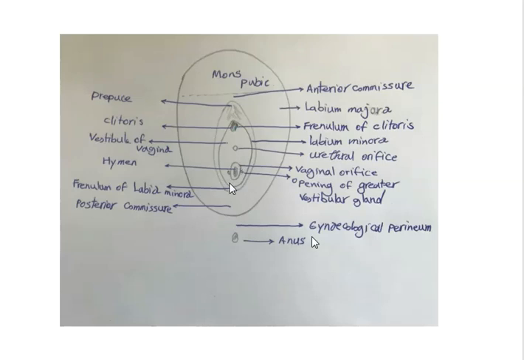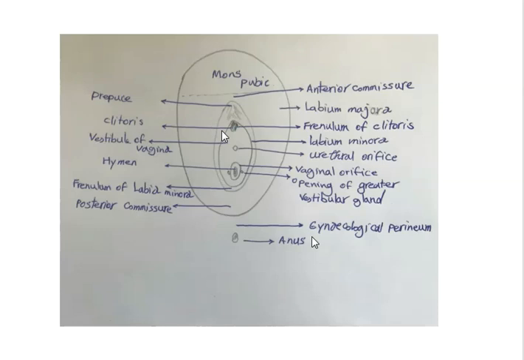If tearing of the vagina happens in this direction, it causes problems for the patient. So this area, the gynecological perineum, is very important.